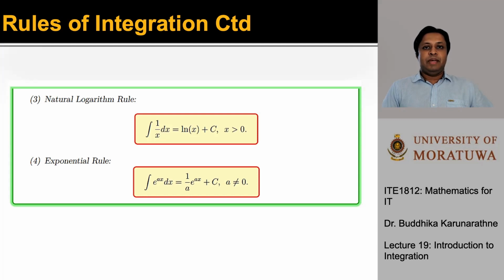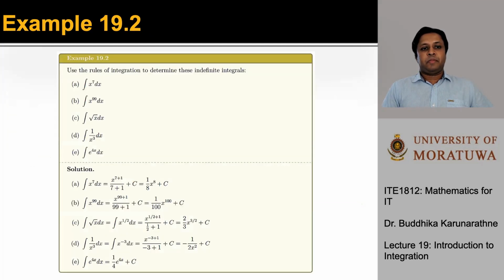So these are some of the basic rules that are useful when we do simple integration operations. Now we will see how these rules are used in examples. We are given these examples: use the rules of integration to determine these indefinite integrals. First we have x to the power 7.